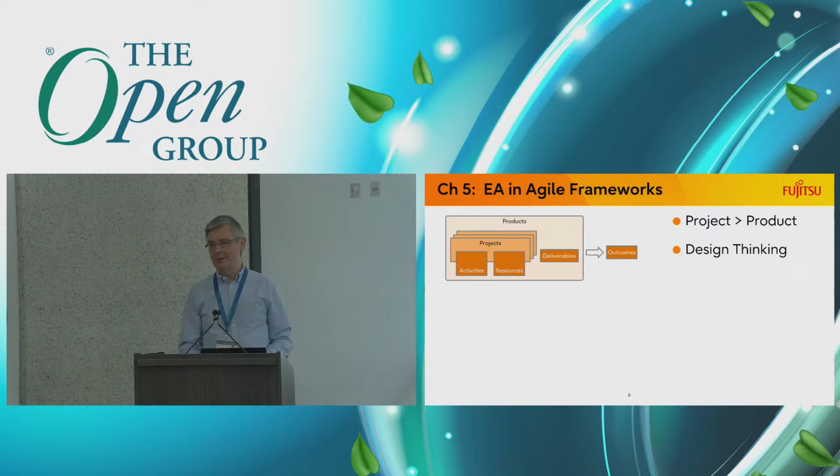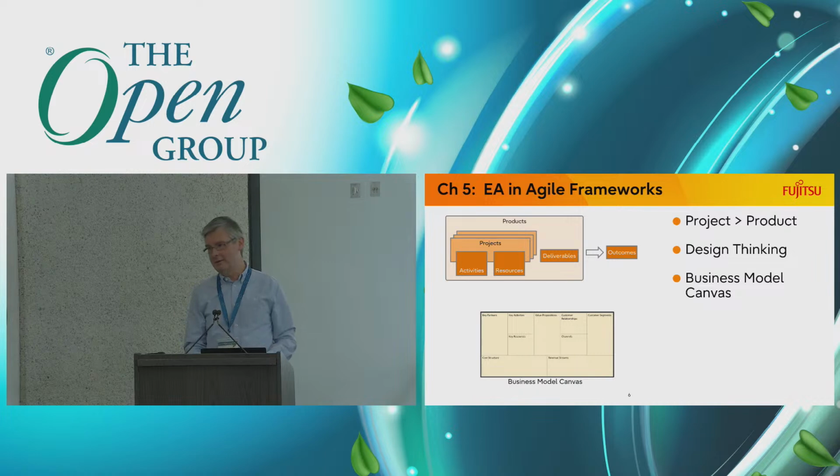It talks a little bit about how techniques like design thinking fit in. Design thinking is actually covered in many places within TOGAF and indeed other Open Group standards, but here it's talking about how it would fit into TOGAF.